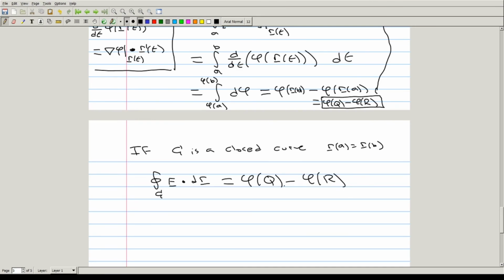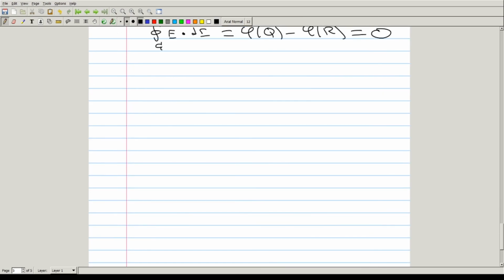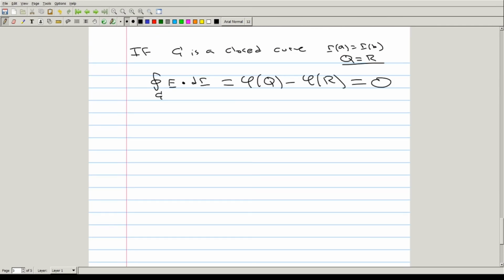But this is a continuous function, so phi of q minus phi of r is equal to 0 because q and r are the same points. And this ends our proof right here.